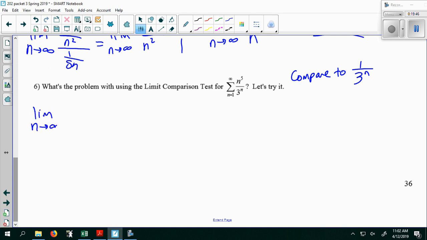The limit as n goes to infinity of n to the 5th over 3 to the n divided by my comparison series 1 over 3 to the n, and I know that this converges.